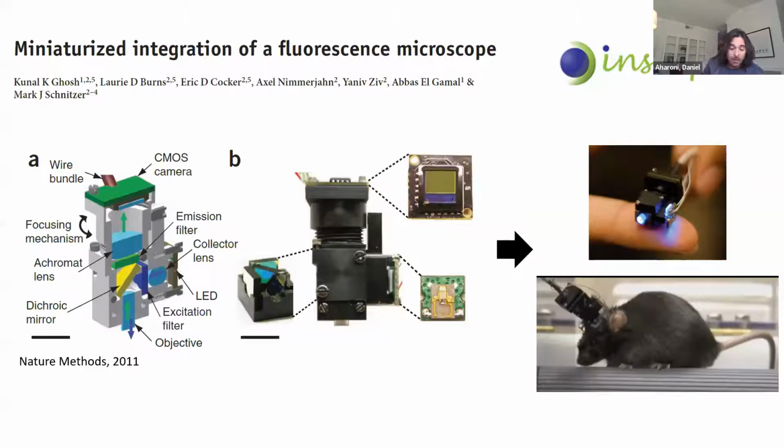Okay, great. Miniature microscopes really came into their own through the development of one of the first miniature single photon microscopes, from Mark Schnitzer's group, published in Nature Methods in 2011. Soon after, they started the company Inscopix that sells a commercial version of miniature microscopes.